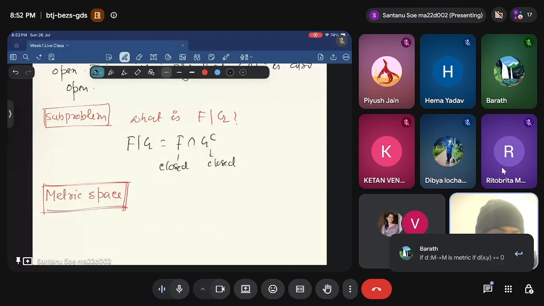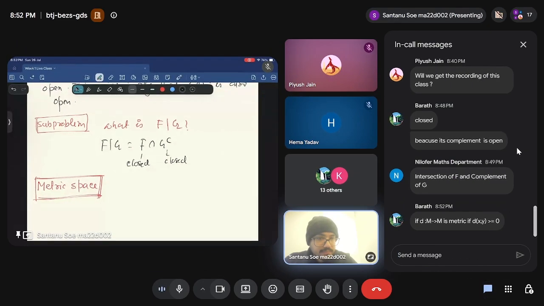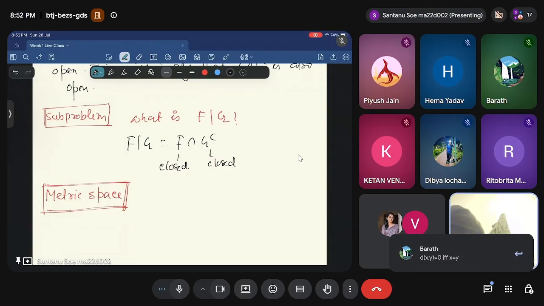Yes, this is one condition of the definition of a metric space, the non-negativity. But there are also other criteria that have to be satisfied to become a metric. So first let me write what is a metric. Yes, Bharat, this is true.